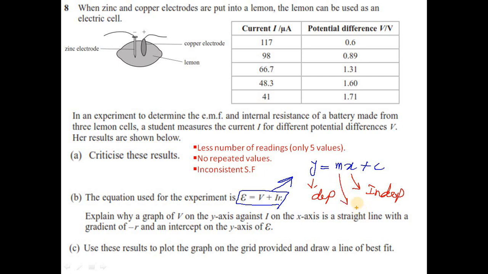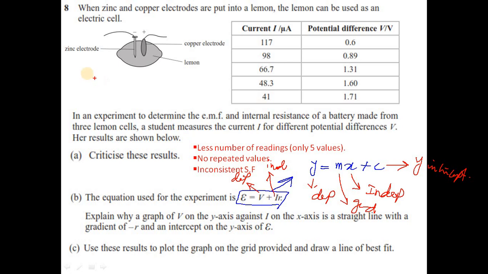This coefficient of the independent variable is the gradient, and if we have some constant, this is called the y-intercept. In this equation, V is dependent and I is independent, R is the coefficient, and E or EMF should be the constant term. So you rearrange this equation in the form y = mx + c.